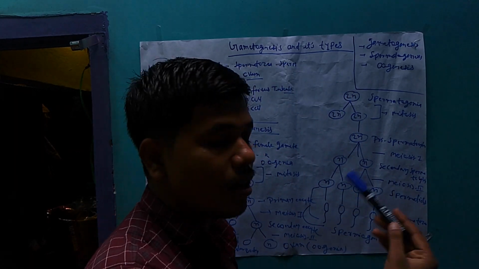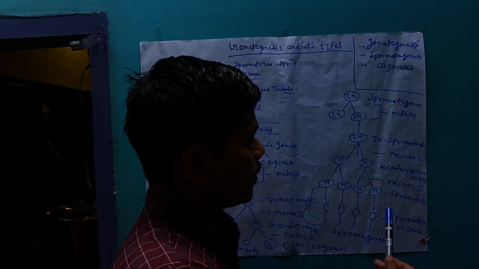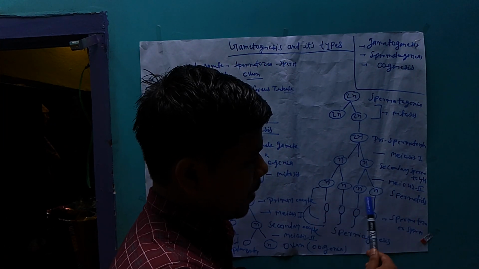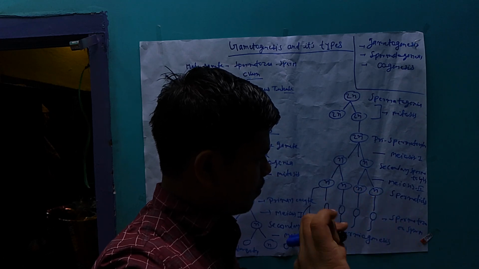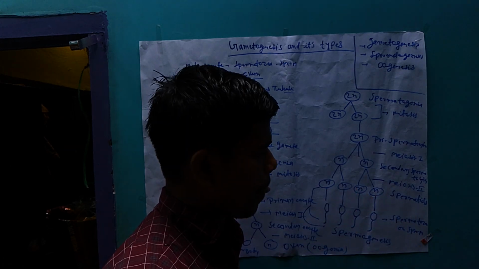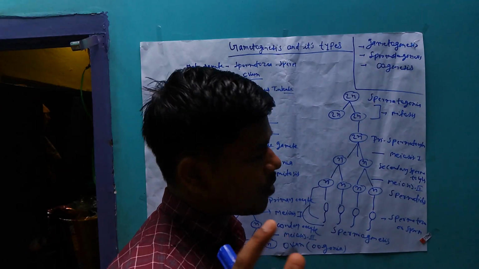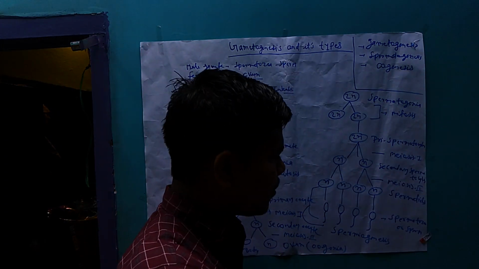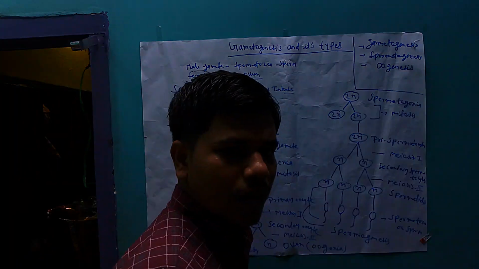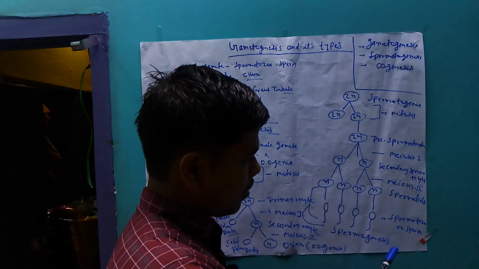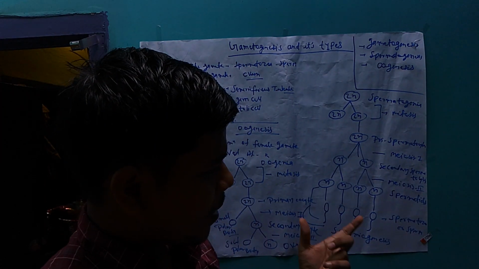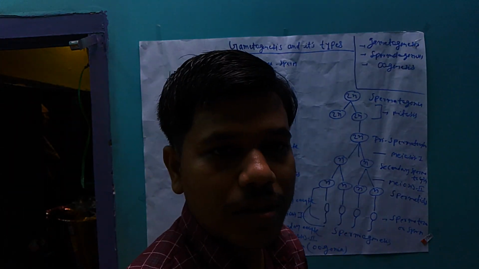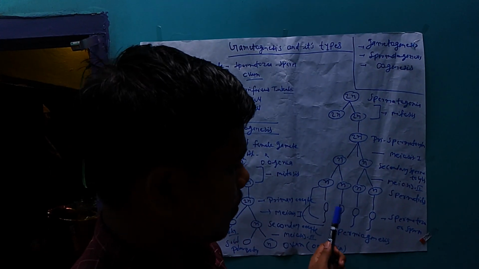Secondary spermatocytes undergo division by meiosis second, and the spermatids are formed. Four spermatids are formed from one spermatogonia. Now the spermatids are transformed into spermatozoa, or sperm. The conversion of spermatids to spermatozoa is called spermiogenesis, not spermatogenesis. Point to be noted.